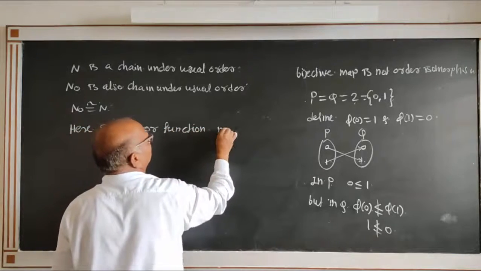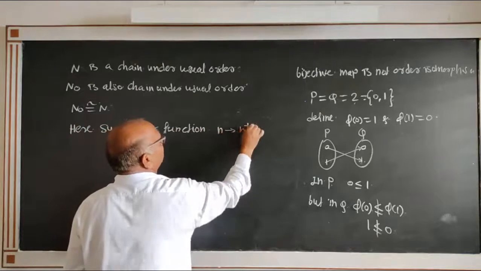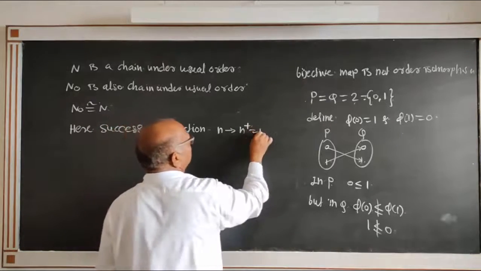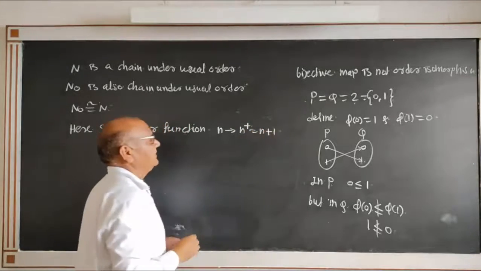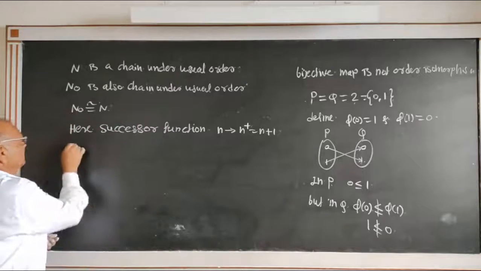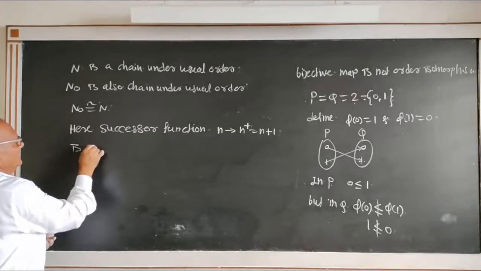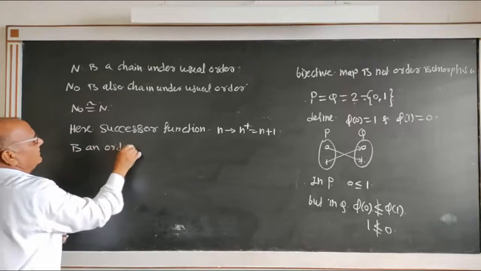That means the map from N0 to N given by n goes to n plus 1 is an order isomorphism.